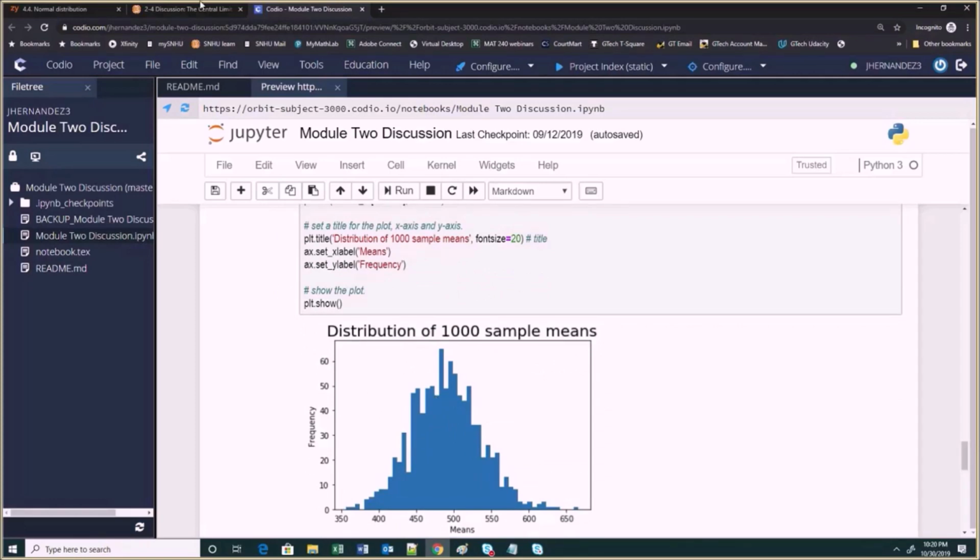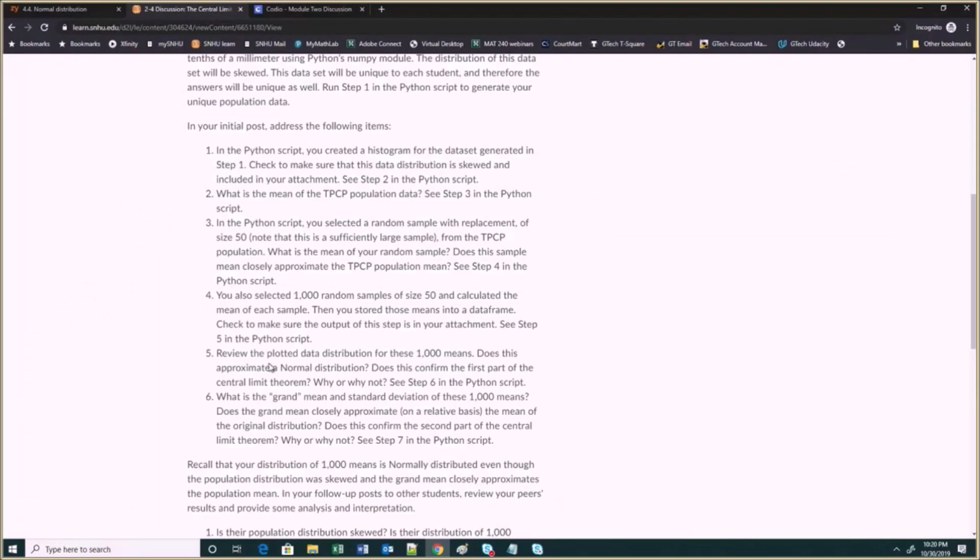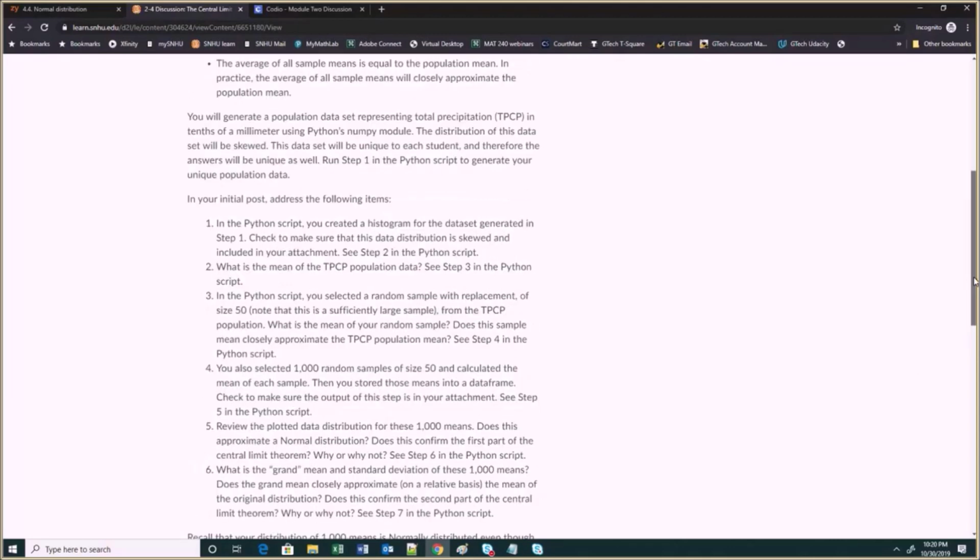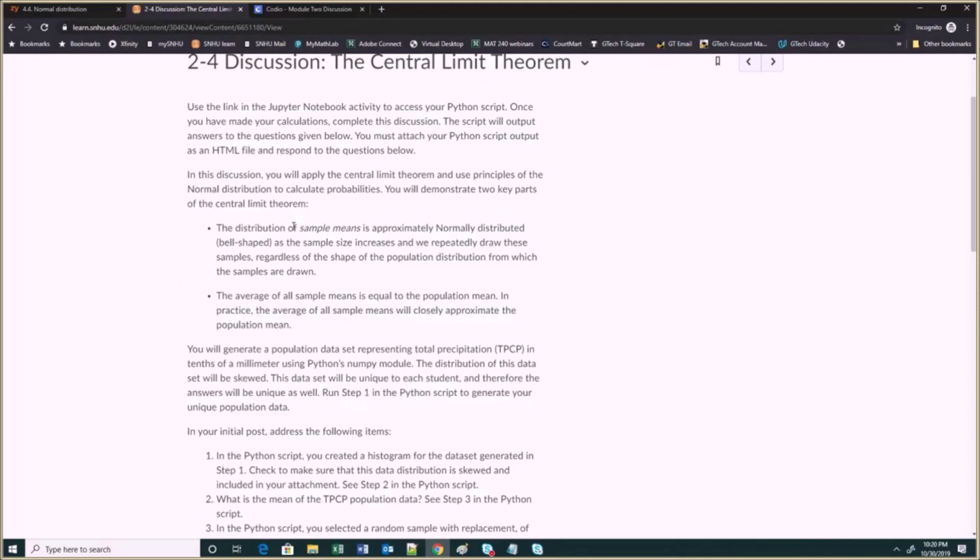So the answer is yes, it does approximate a normal distribution, and it confirms the first part of the central limit theorem. Let's read that again. The distribution of sample means is approximately normally distributed as the sample size increases and we repeatedly draw these samples, regardless of the shape of the population distribution from which the samples are drawn.